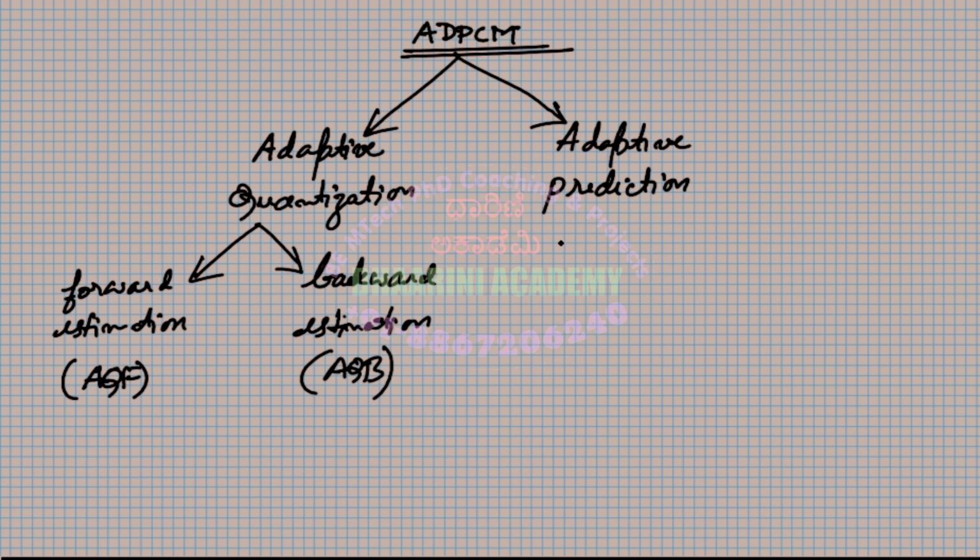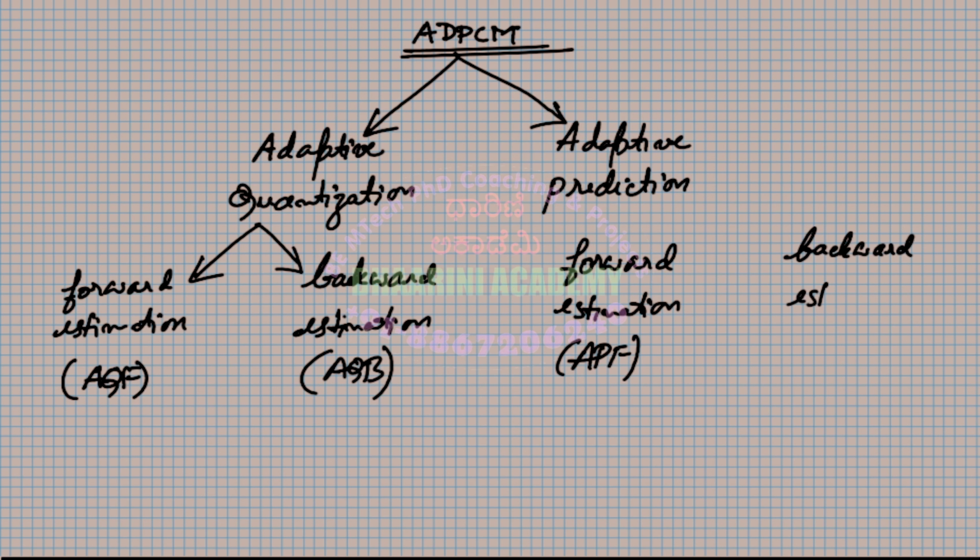All right, similarly the prediction also has two parts. That's again forward estimation, but we'll write it as APF. Similarly you have a backward estimation, which is written in short form APB.